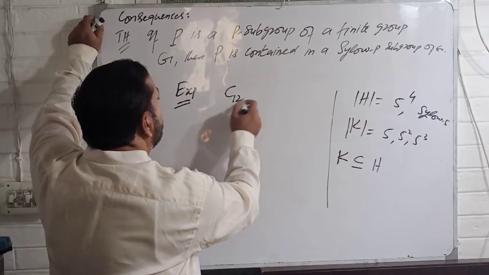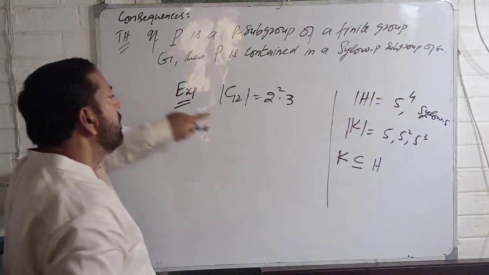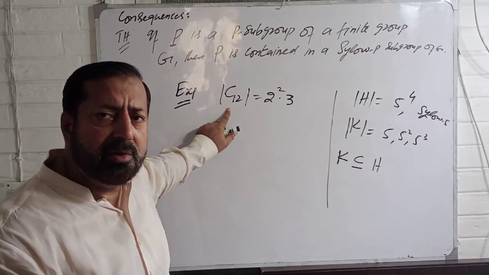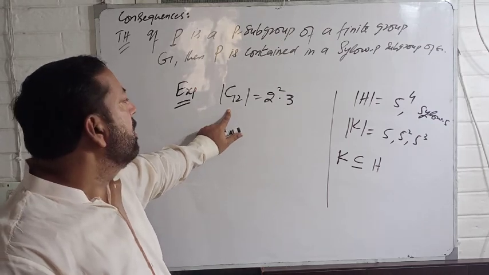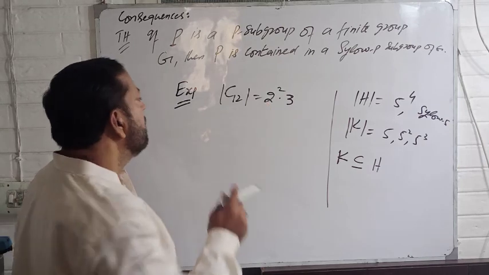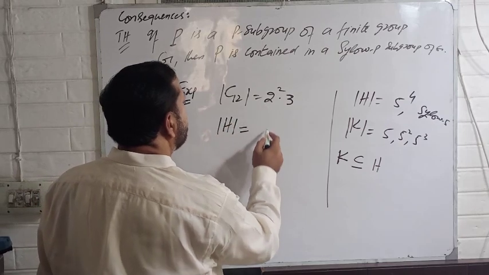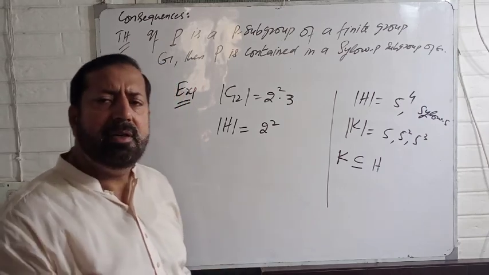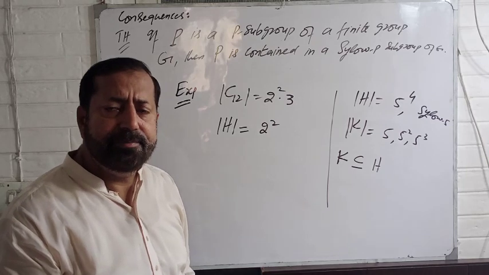Let's say you are taking C12, you know this is 2 square into 3. Now it has a Sylow-p subgroup by Sylow's first theorem. It has a Sylow-2 subgroup and it has a Sylow-3 subgroup, right? And you know that the Sylow-2 subgroup is of order 2 square, order 4. So here the order of H is in fact 2 square. And you know that in a cyclic group, the subgroup of order d is unique, right?